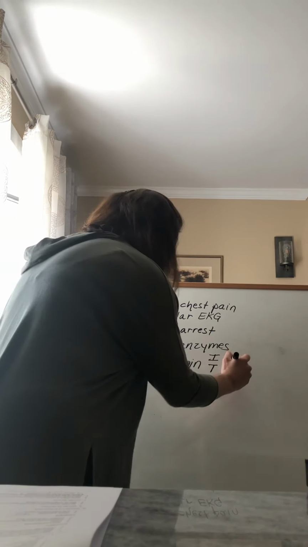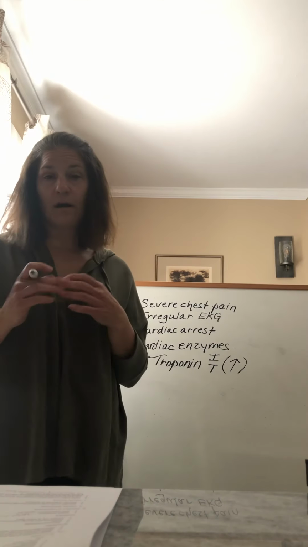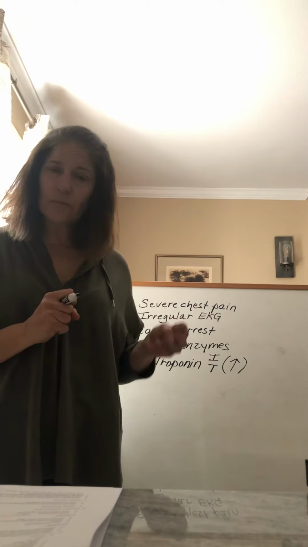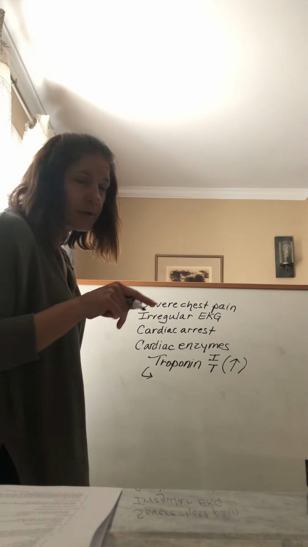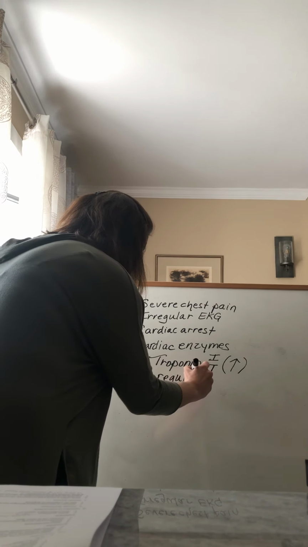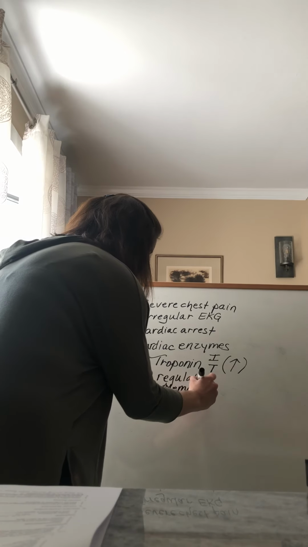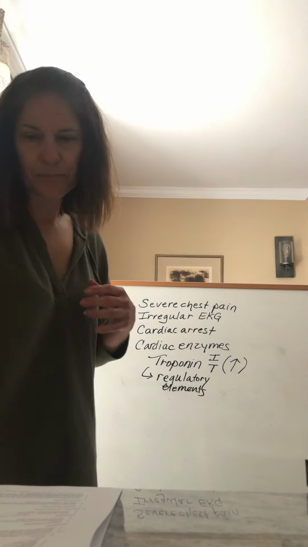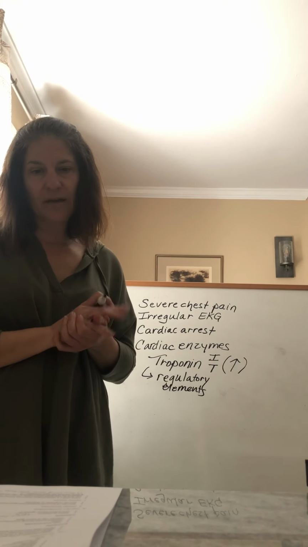If these rise, it can indicate potentially the severity of a cardiac event. What are these? Troponin, we remember from when we learned muscle contraction in AMP1, is a regulatory element. These are regulatory proteins that are involved in muscle contraction. These will change when someone's had a heart attack, when someone's had a cardiac event.